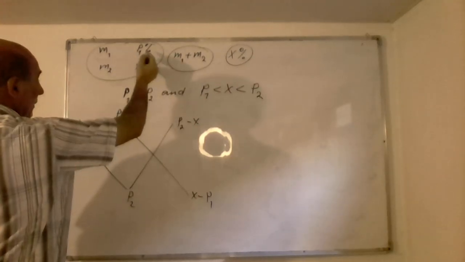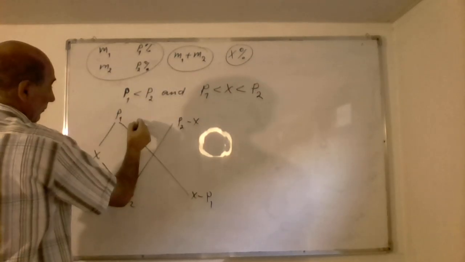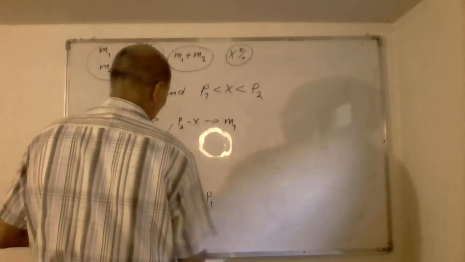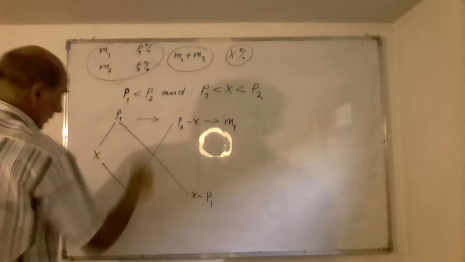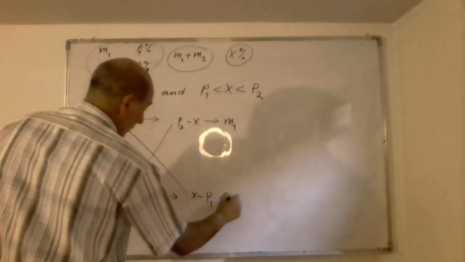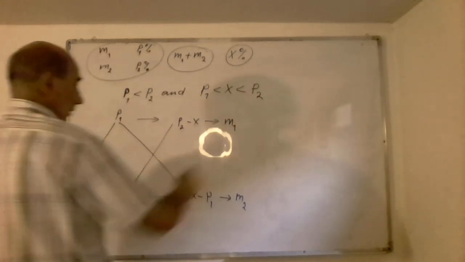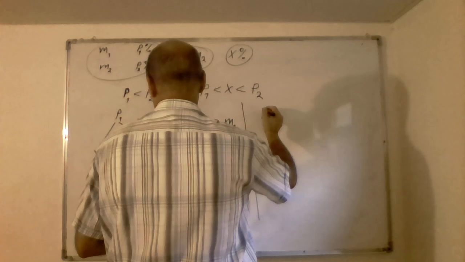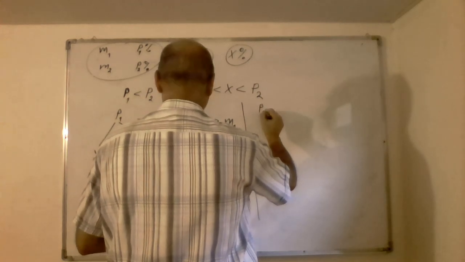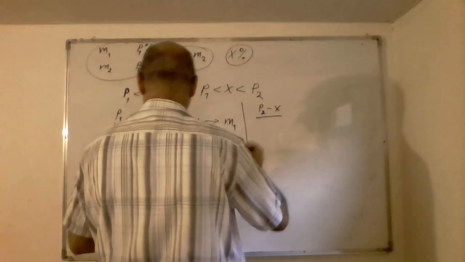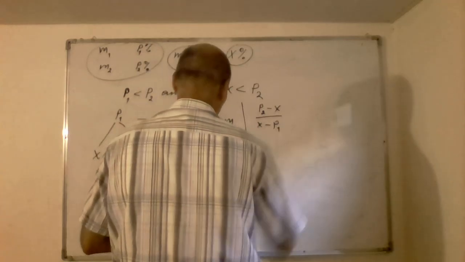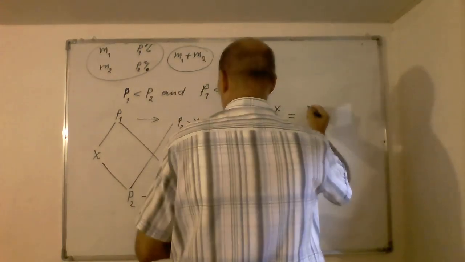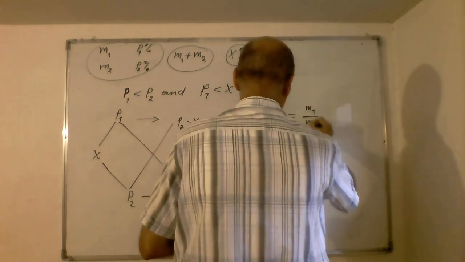We know that the P1% solution is in M1 grams, and the P2% solution is in M2 grams, and from here we can write the proportion: P2 minus X divided by X minus P1 equals M1 divided by M2.